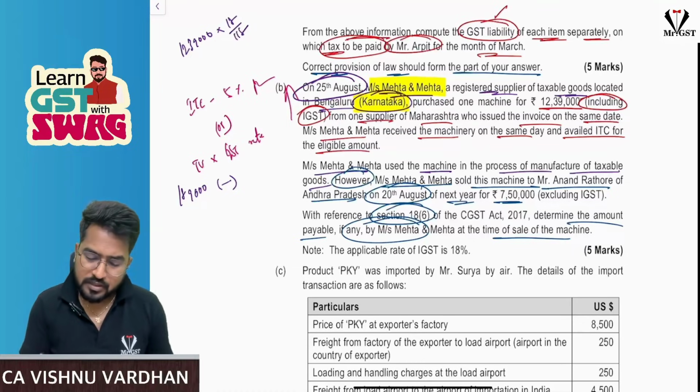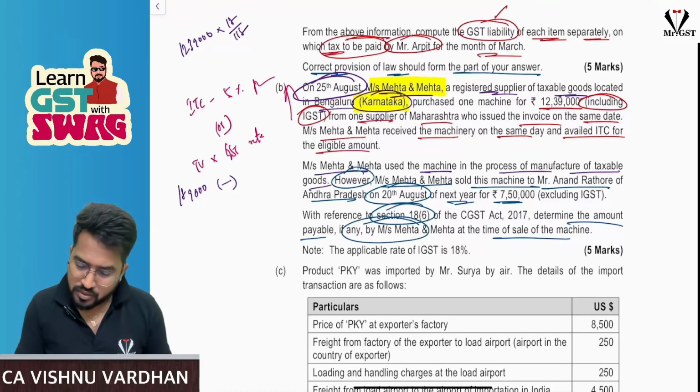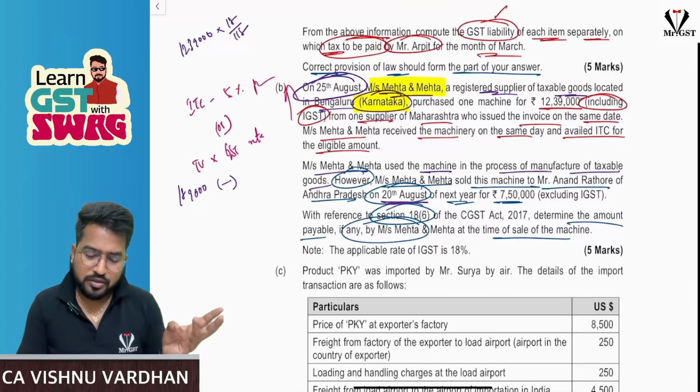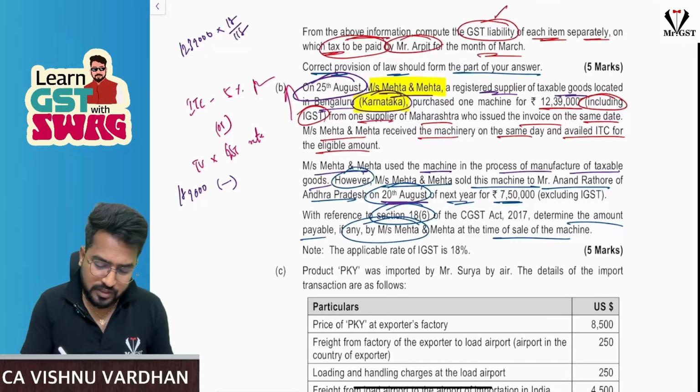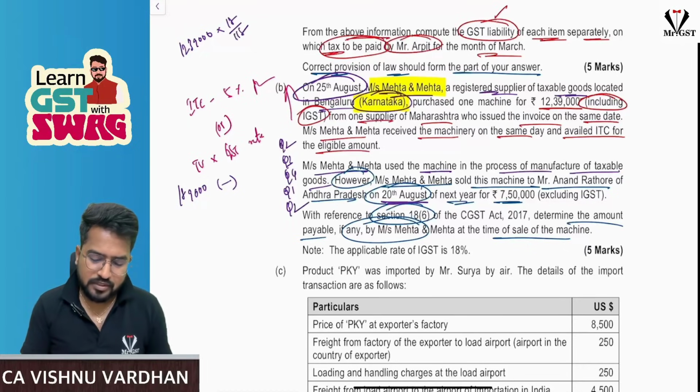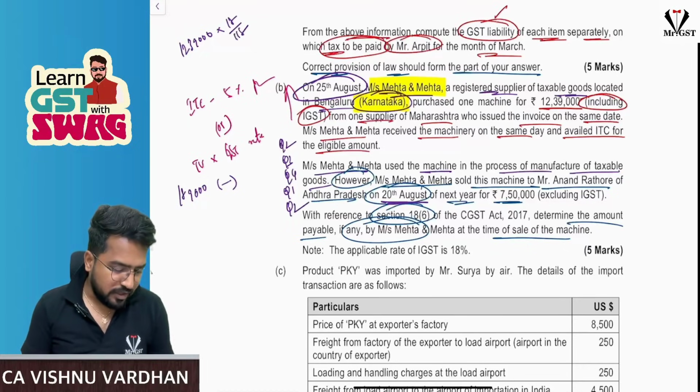On 25th August they have purchased. So now the sale is happening on 20th August next financial year. So in that financial year, July, August, September, Q2, they have used Q2, Q3, Q4, and this is happening in Q1, Q2 of the next financial year. So total 5 quarters they have used.